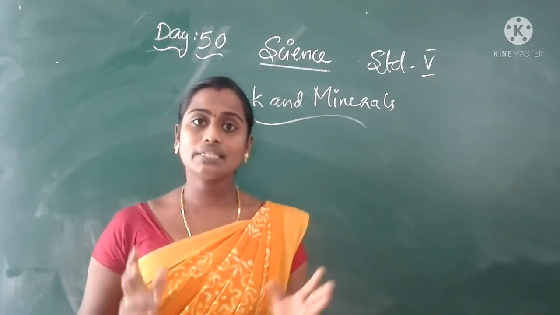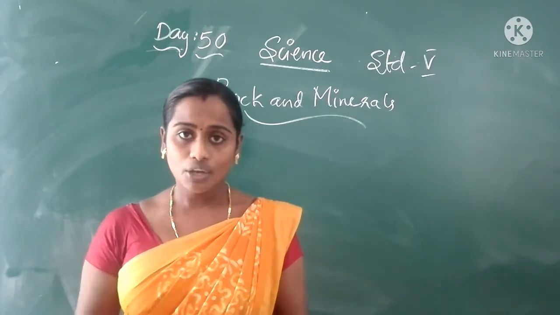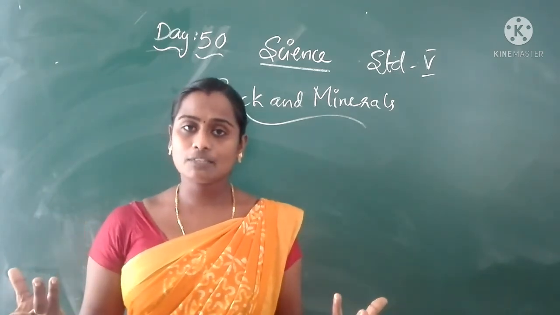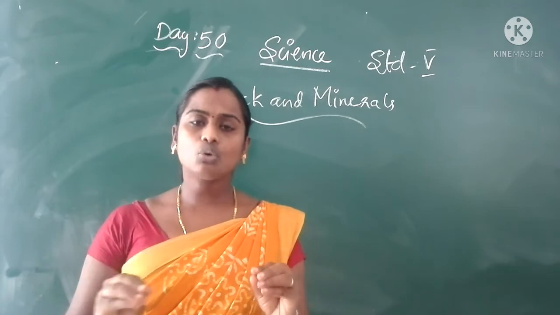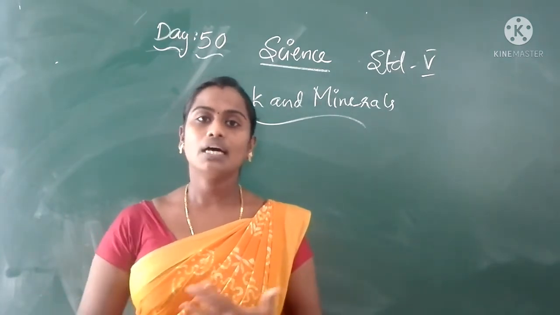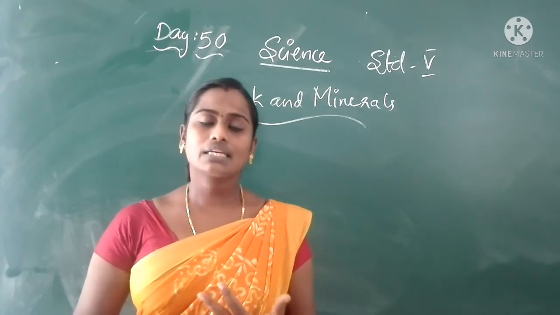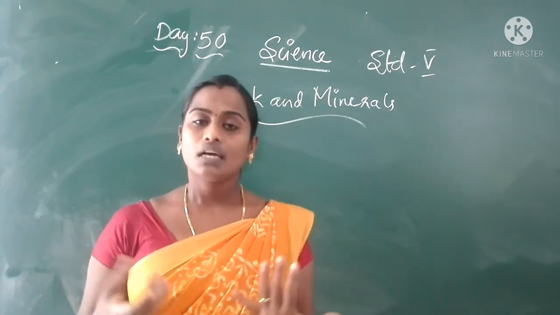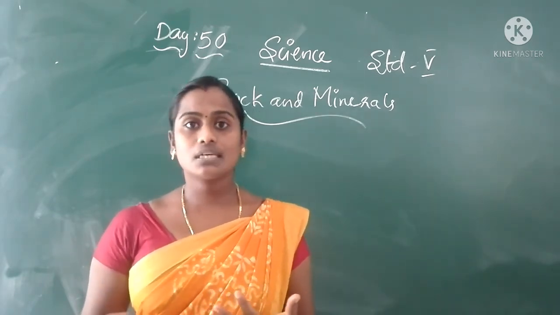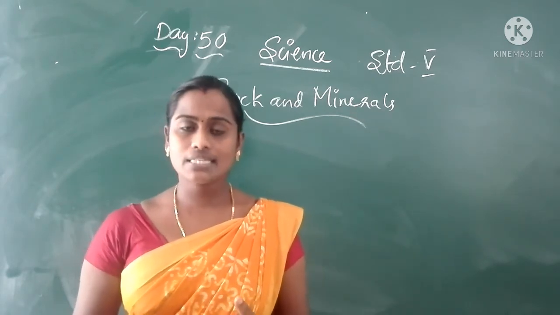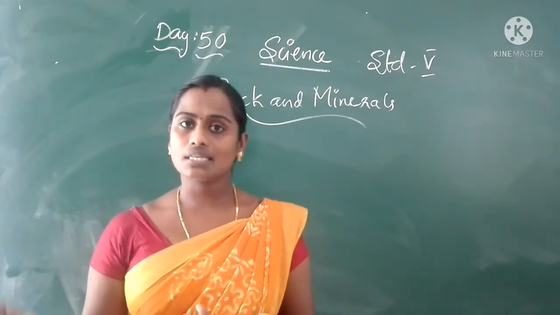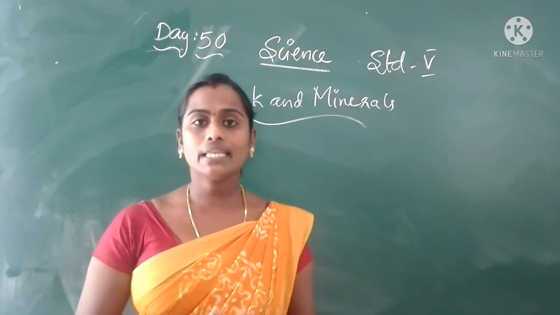So when a volcano erupts, the lava cools and hardens to form igneous rocks. The best example is granite, which is used to make roads, statues, kitchen counters, etc.